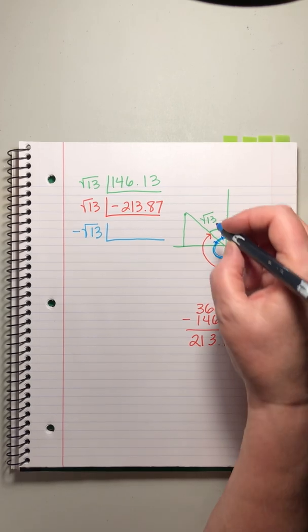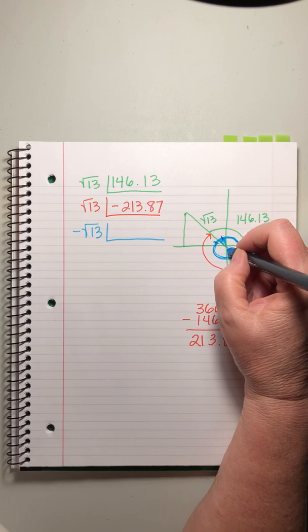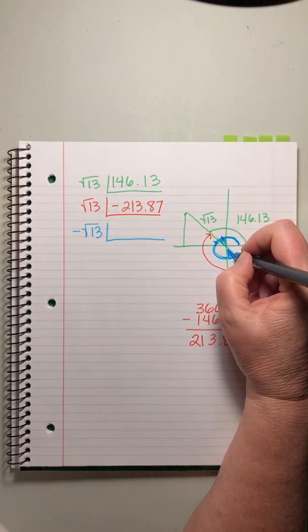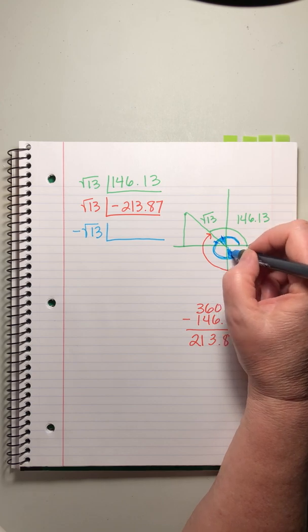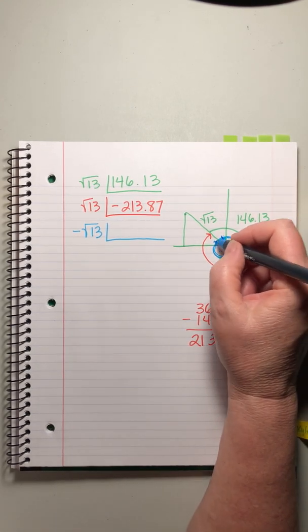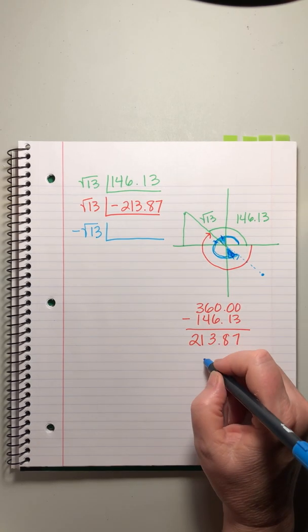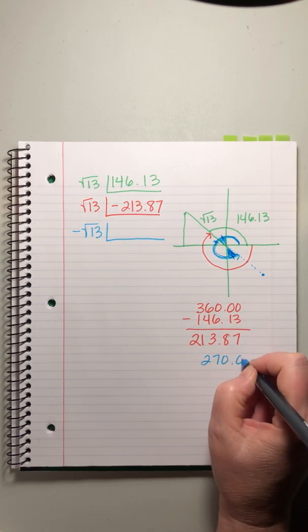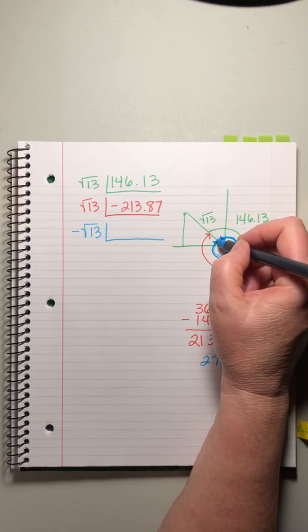Because these two are vertical angles. Here, I'll color them in so you can see it better. This guy and this guy are vertical angles. So if we know this bit, then we have to add that on to the 270, right? So I need 90, 180, 270. And then I need to add on this amount.